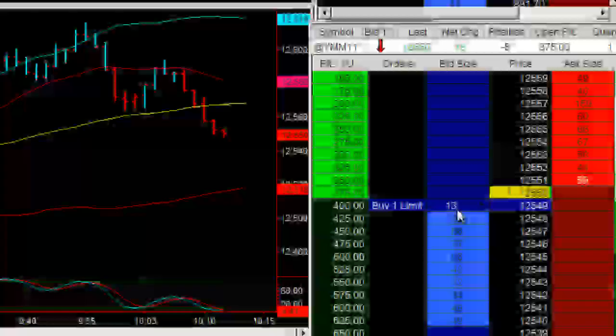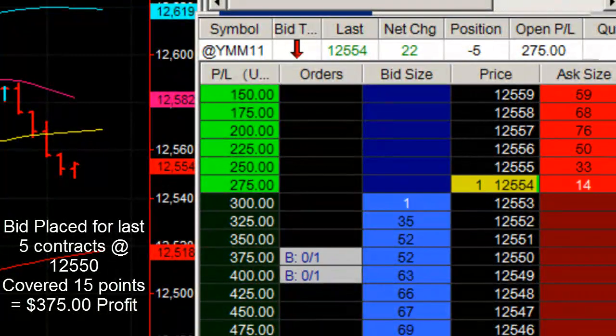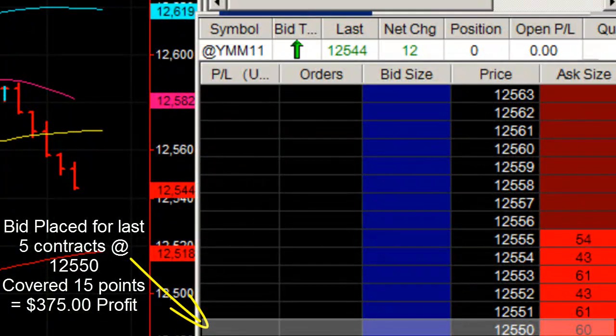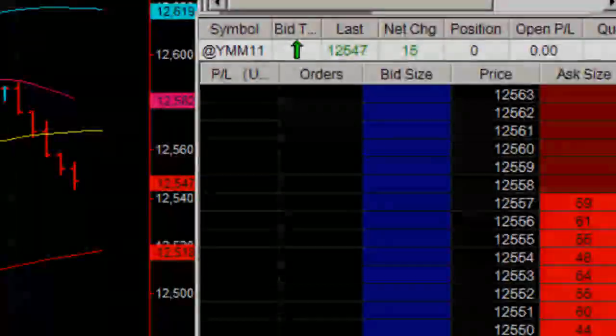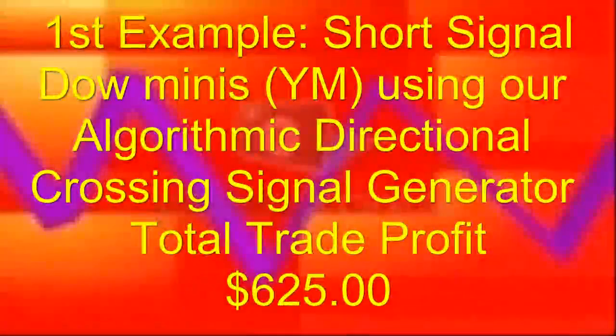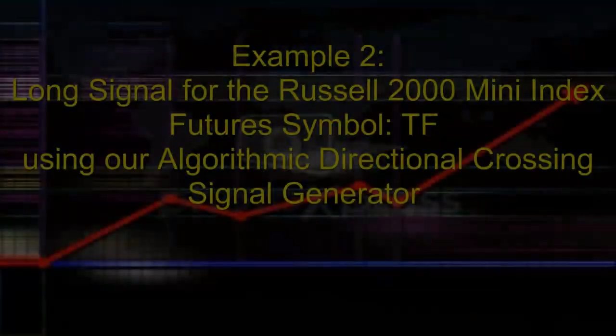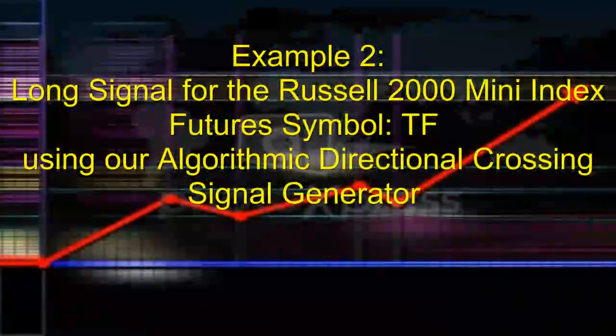So we're going to place a bid for our last 5 contracts at 12,549, and I'm going to move that up 1 point to 12,550 just to stay at the whole number. That gives us 15 points, and we just got filled. We made a $375 profit in our last 5 contracts. That was an example of a short signal for the Dow Minis using our algorithmic directional crossing signal generator with a trade profit of $625.